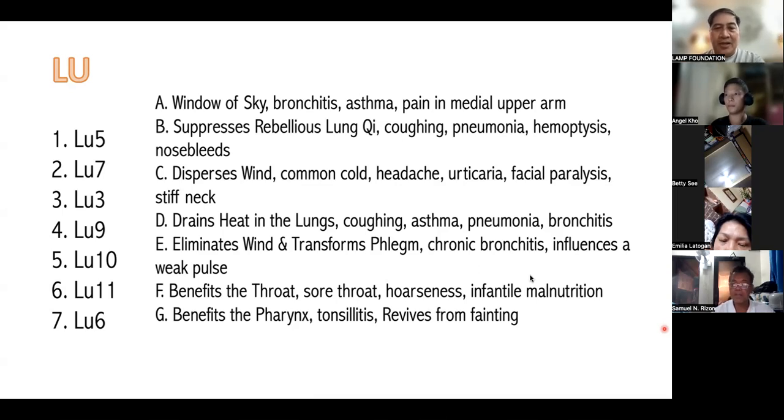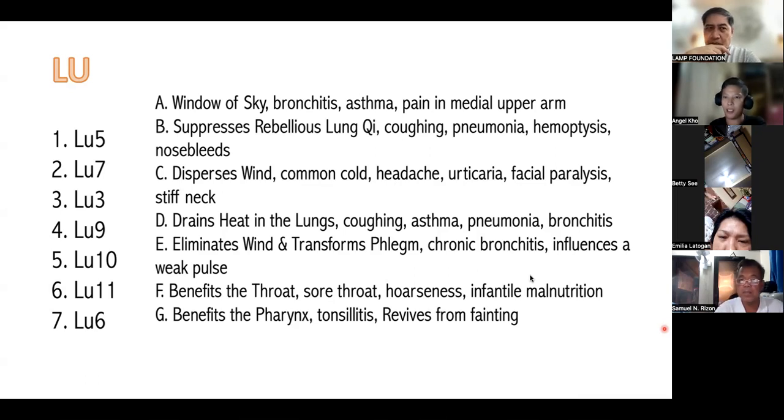Very good. Number 3. Lung 3. My answer is letter A, Window of Sky, bronchitis, asthma, pain in the medial upper arm. Lung 5 is Window of Sky.